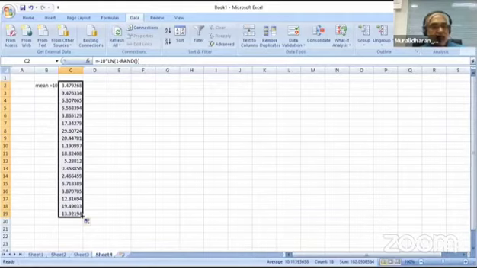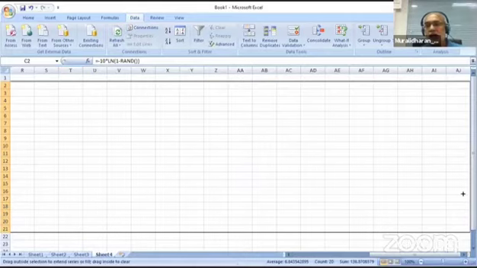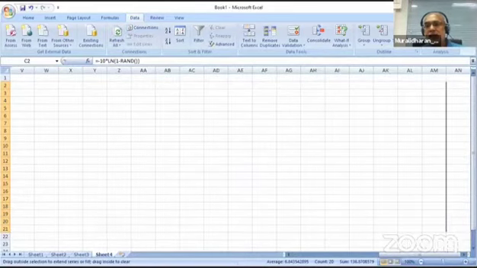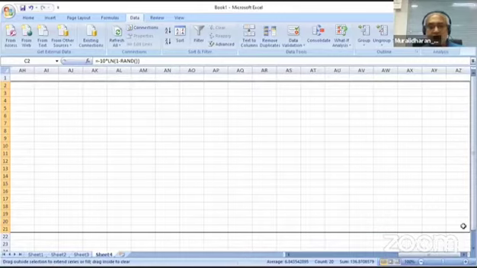So I have now sample size 20. And now let me have around, say, A to Z. So roughly 23 samples I generated from the exponential distribution.